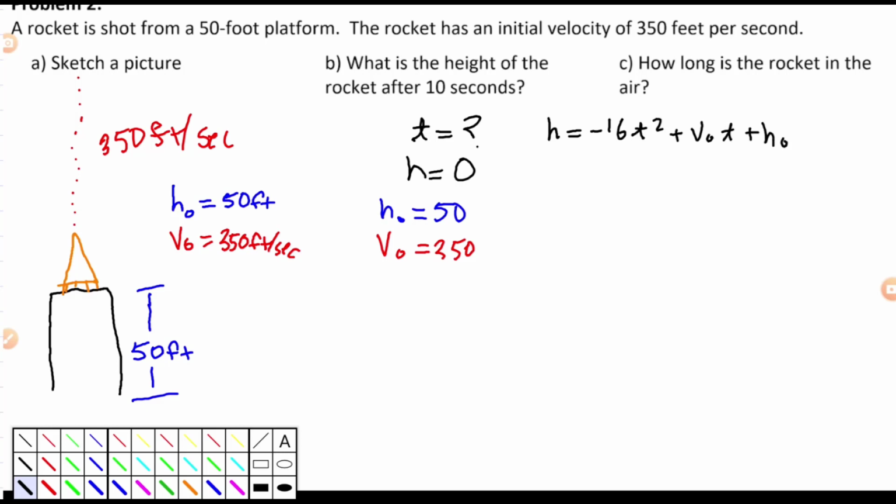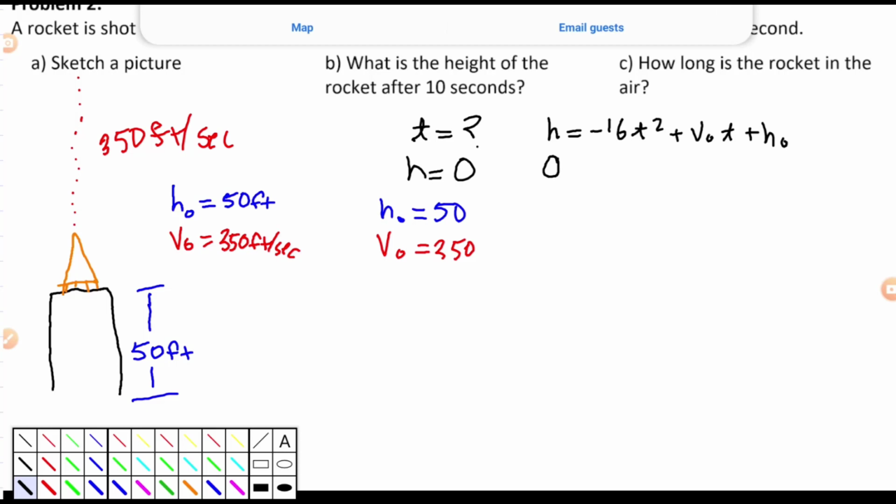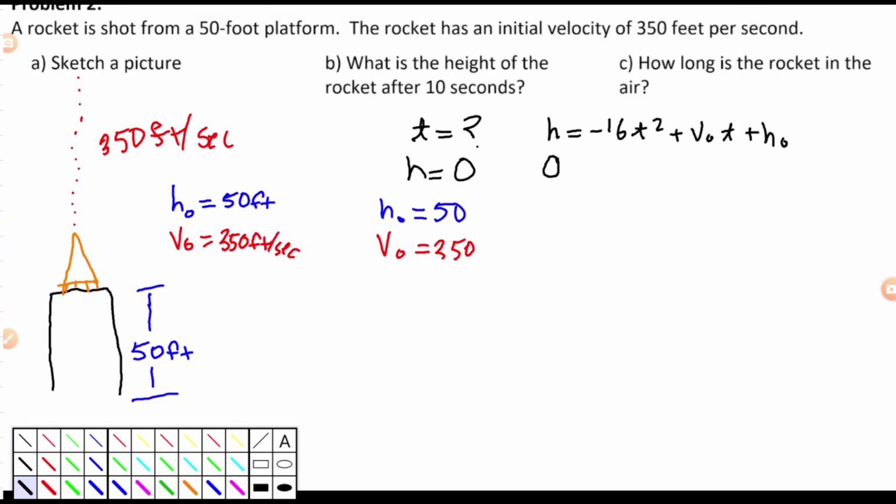All right, so there's my formula. Let's use all our values that we know. So this time we know the height of an object. We want it to be 0 because we want to know when it hits the ground. Negative 16t squared, we're not going to know what t is, so we're going to leave that alone.